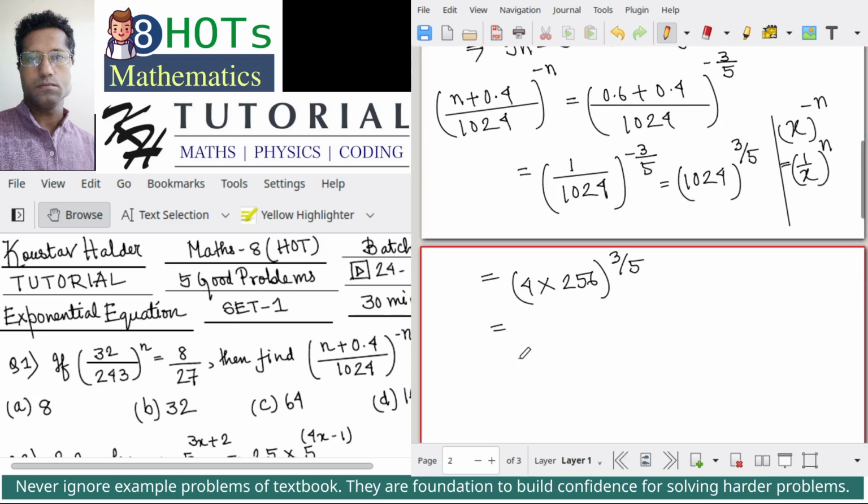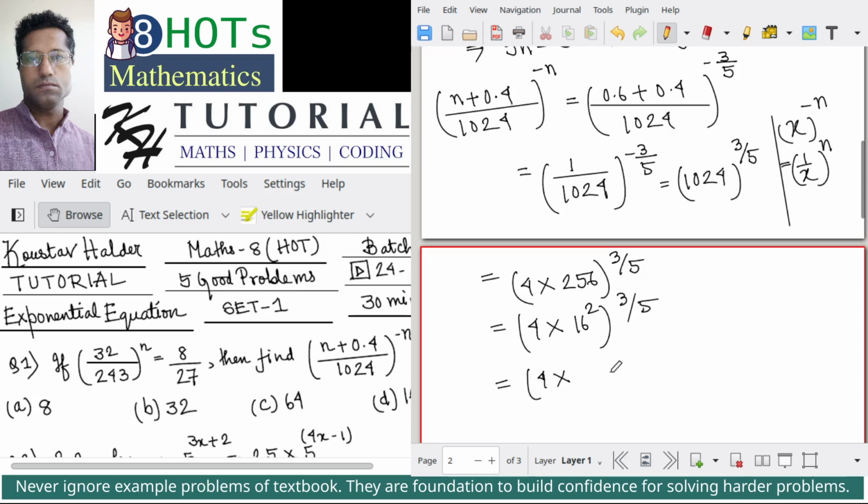Now what is 256? I know 256 is 16 squared, since 16 multiplied by 16 is 256. So this is equal to 4 multiplied by 16 squared. I am trying to have a common base, and in this I am trying to make the base 4.